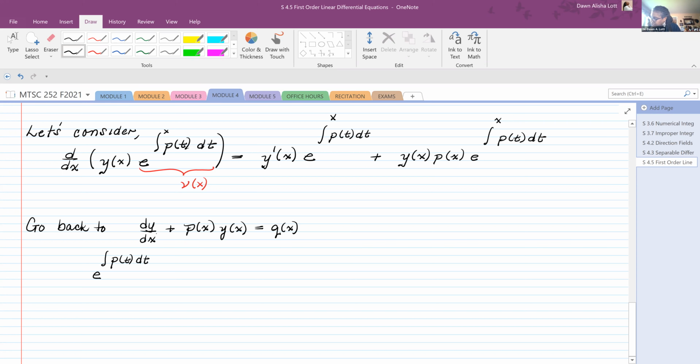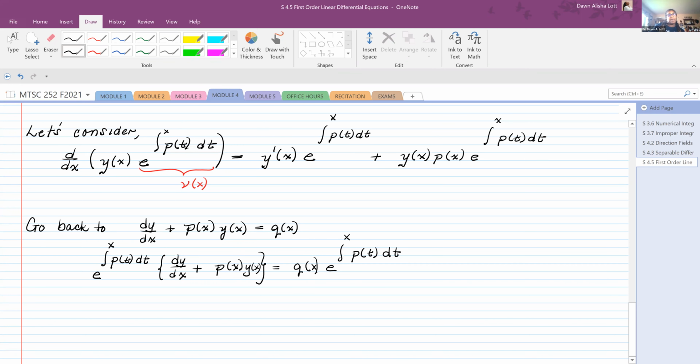I'm going to get dy dx plus p of x y on one side, and q of x times e to the integral of p of t dt on the other.